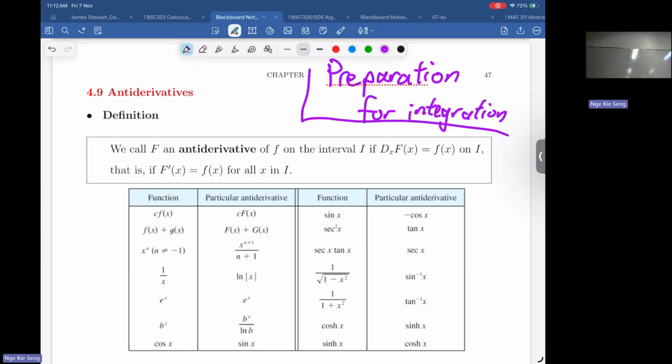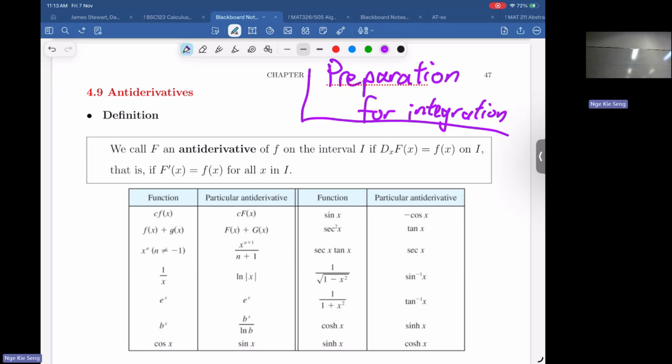So let's see what an antiderivative is. Anti means opposite, so the opposite of derivative. We will say that capital F is an antiderivative of little f if F prime of x equals f of x.